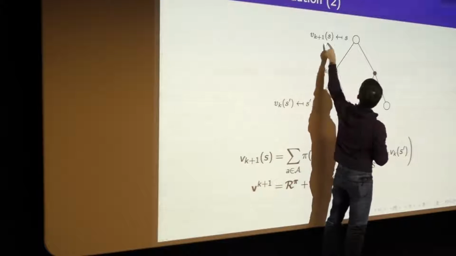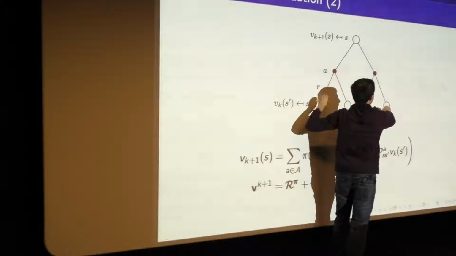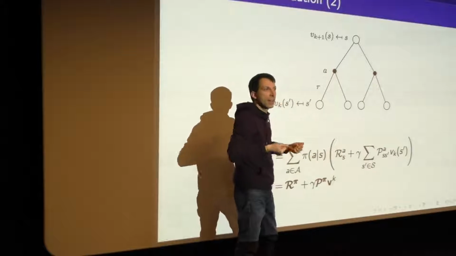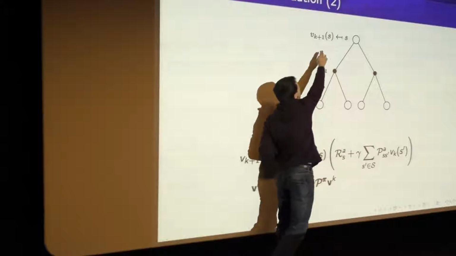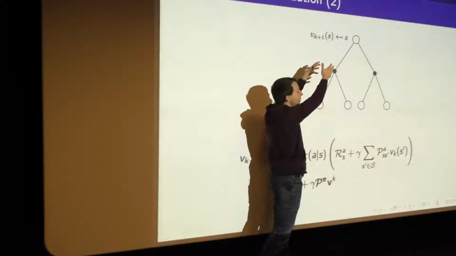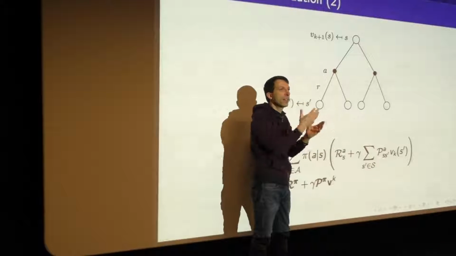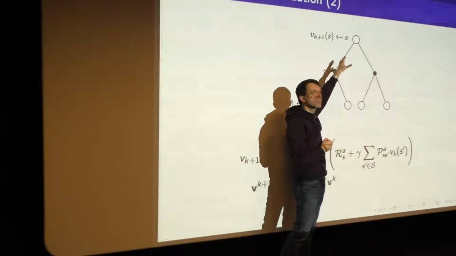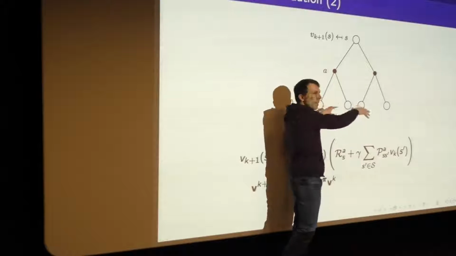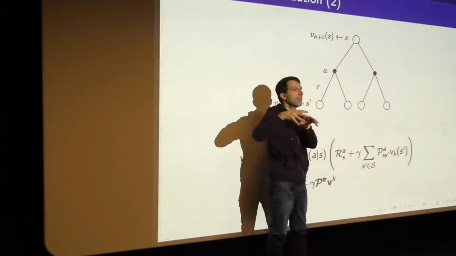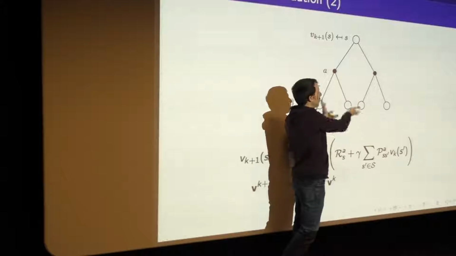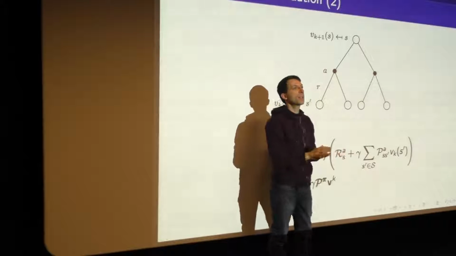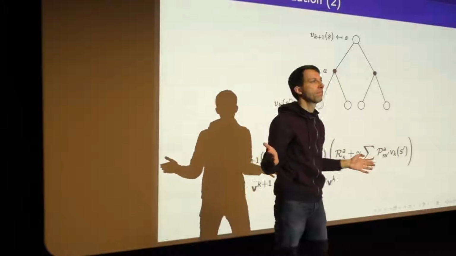So we figure out vk plus 1 by doing a one-step look ahead, looking up our values from our last value function. We've got one state, and we're going to do this for every single state. Every single state in our sweep, in our synchronous evaluation of dynamic programming, gets a turn at being the root. So they all get one of these updates. We do this for every state in the MDP, and we figure out the new value of that state at the next iteration, and that gives us a complete new value function.